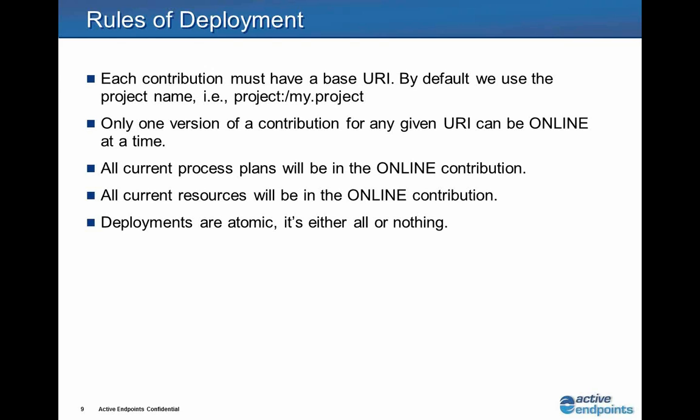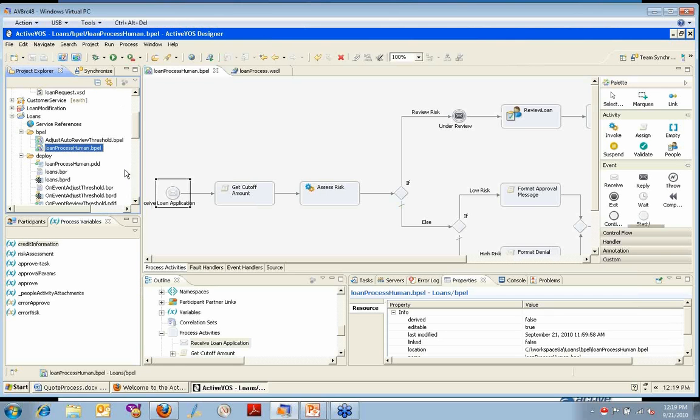The project can then become the base URI for the whole contribution. We're tying SCA's concept of a contribution in OASIS to Eclipse's concept of a project. So within Eclipse, and let me just flip to it, within Eclipse you've got all these projects.